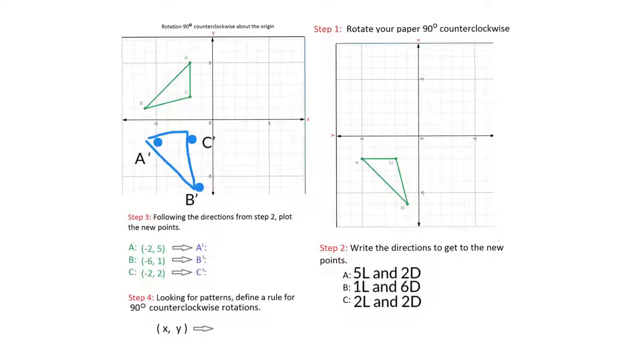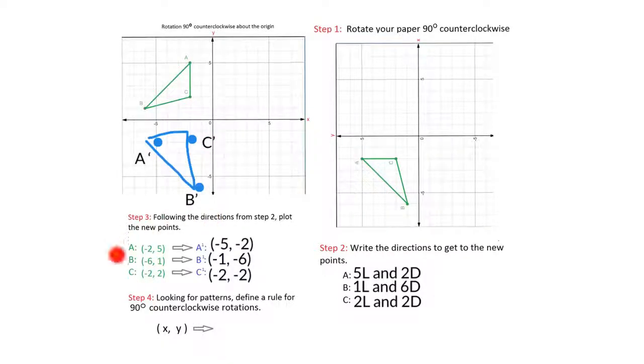And next we can go into plotting the points for each coordinate. It looks like A prime is at -5, -2. And B prime, it looks like it's at -1, -6. And C prime is at -2, -2.